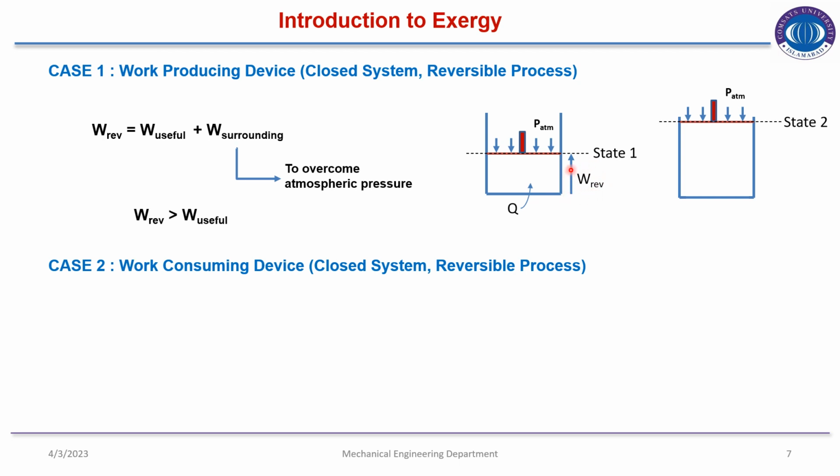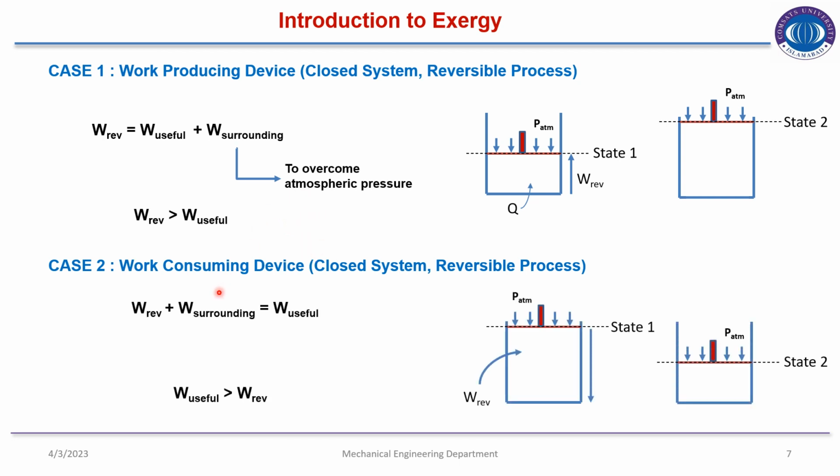One is to push that piston up, and the second is to oppose the atmospheric pressure as well. So W reversible is greater than useful work, because it is useful work plus surrounding work. Here W surrounding is the work done against the atmospheric pressure. So W reversible is greater than useful work.